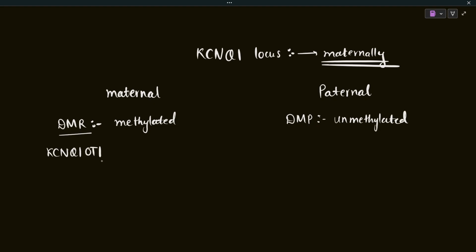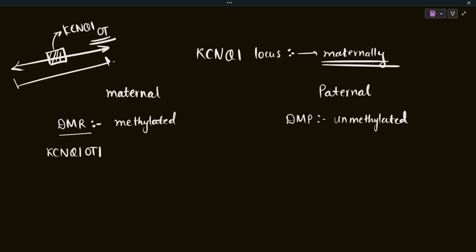And we know that the DMR here is the KCNQ1OT1. This is a long non-coding RNA, which is the opposite transcript, or the antisense transcript, of the KCNQ1 gene intron. So that is a long gene, and one intronic region codes for the long non-coding RNA that we call KCNQ1OT1, and that OT stands for opposite strand, opposite transcript. So the antisense strand of DNA is going to produce the long non-coding RNA, and this is the KCNQ1 gene.